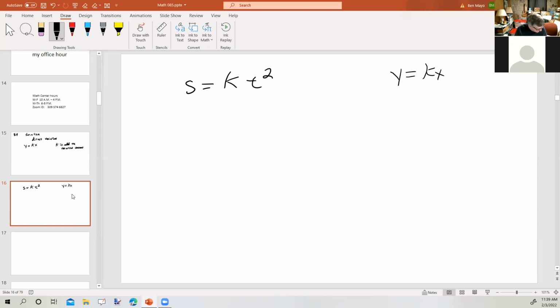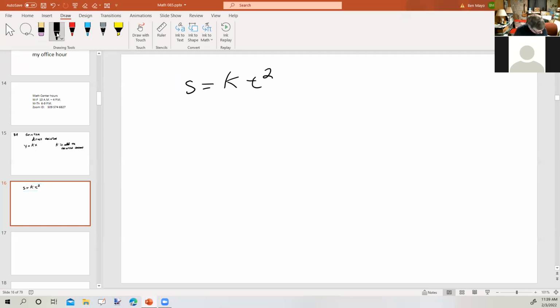And again, it says an object in free fall travels a distance s that varies directly to the square of time. So t is time, that's why I've got t squared. Any questions about where I came up with this formula? Okay.